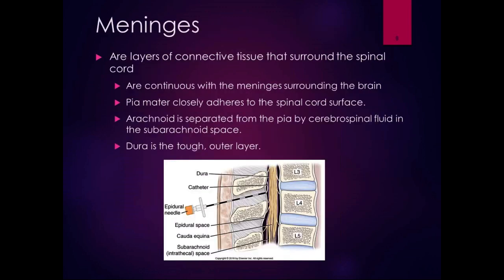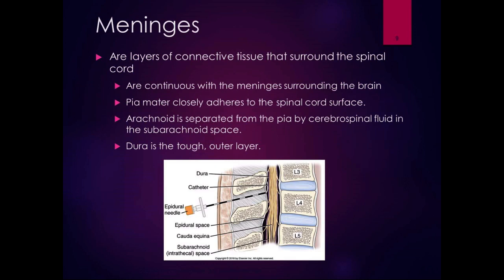The meninges are layers of connective tissue that surround the spinal cord, and they're continuous with the meninges surrounding the brain. So the same three layers: pia mater, arachnoid, and dura mater. The pia mater closely adheres to the spinal cord surface, just like it closely adheres to the brain surface. The arachnoid is separated from the pia by cerebrospinal fluid in the subarachnoid space, and the dura mater is the tough outer layer.